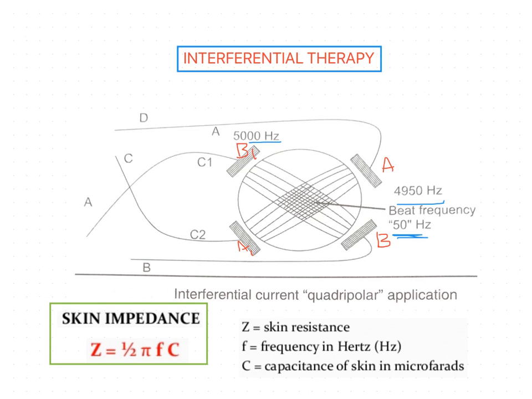If you change one of these circuits to 4900, then you will get a beat frequency of 100 hertz.